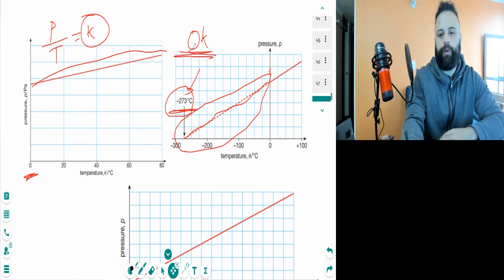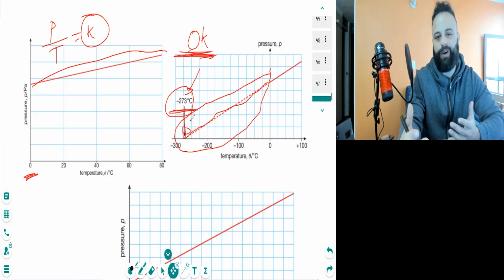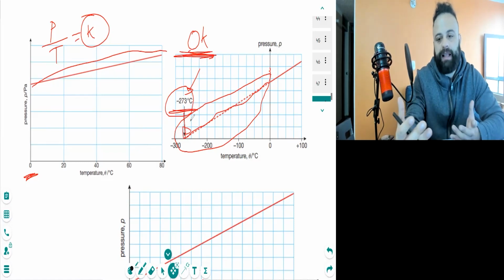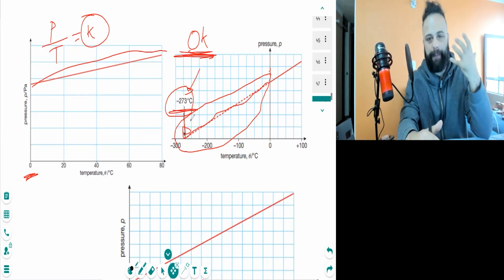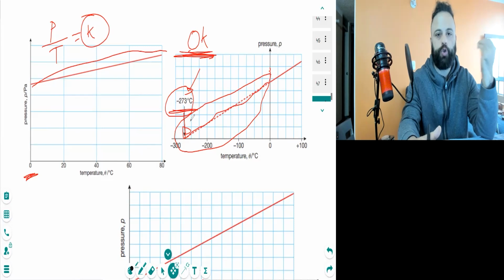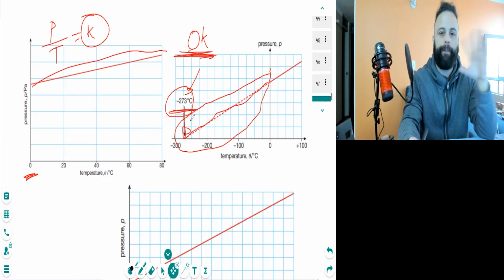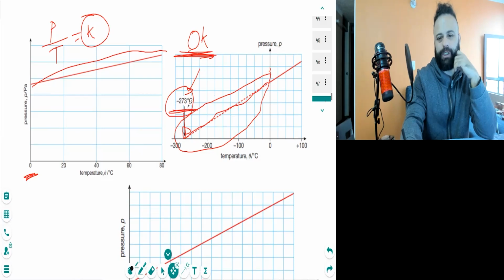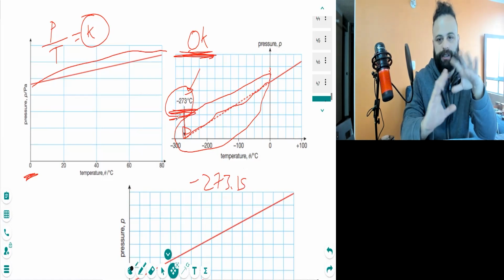And absolute zero is where the molecules have minimal vibration. So it's nearly going to be close to zero. Theoretically, you can't actually reach absolute zero. You could get very close to it. But as you get closer and closer to absolute zero, the pressure is getting lower because the molecules' kinetic energy is getting lower and lower and lower. The actual temperature should be minus 273.15 degrees, but we just say minus 273.